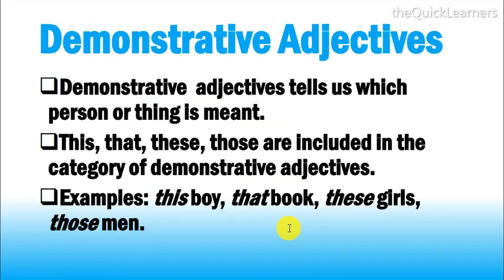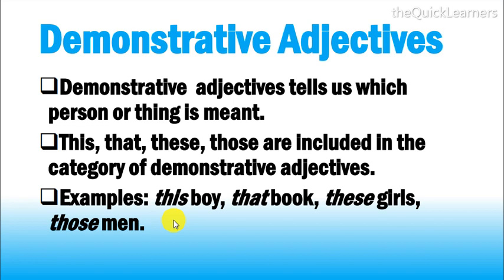Let's move towards the demonstrative adjectives. Demonstrative adjectives tell us which person or thing is meant. Their examples include this, that, these, and those. Examples of demonstrative adjectives: this boy, that book, these girls, those men.